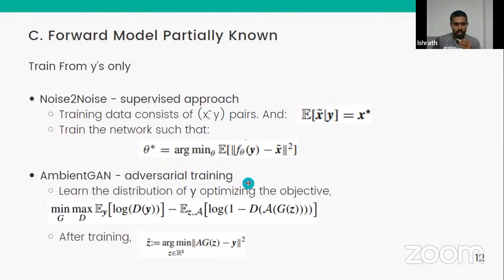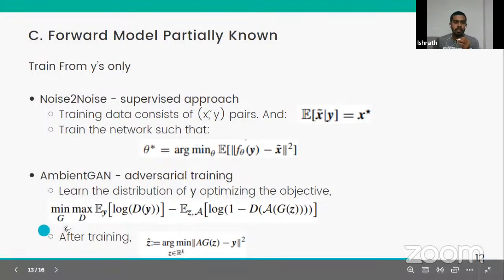But in this AmbientGAN problem, what they try to learn is the distribution of y, the distribution of measurements. How they learn the distribution of y is with generative and discriminative networks. The intuition behind this network is that we have a generative network.